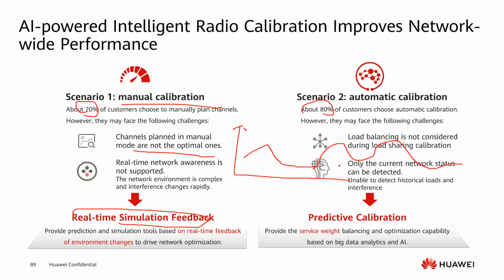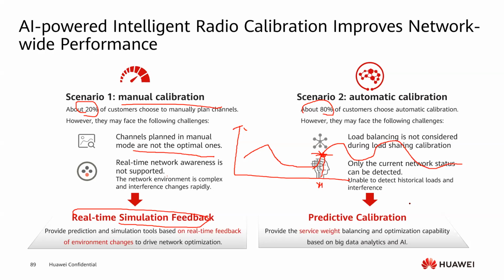When you want to calibrate your network at this time, it will only detect the information from this time. So it will think your network is in this status, and it will calibrate based on this status.